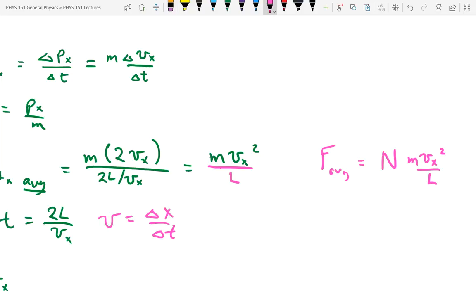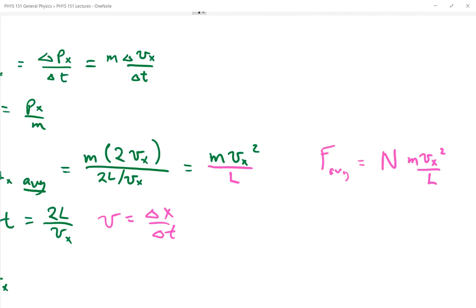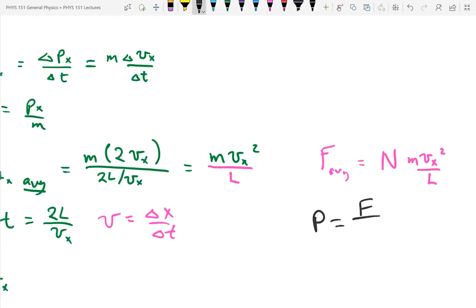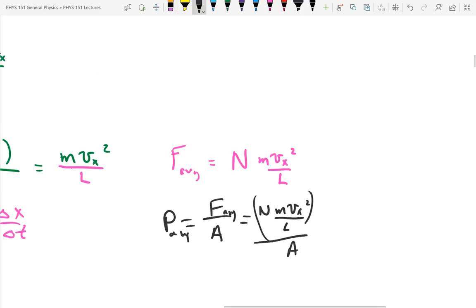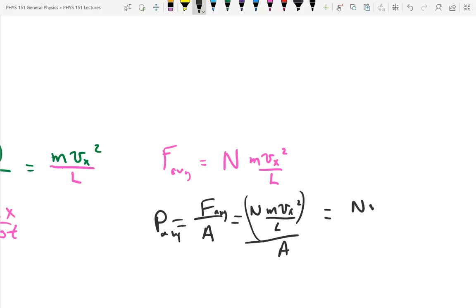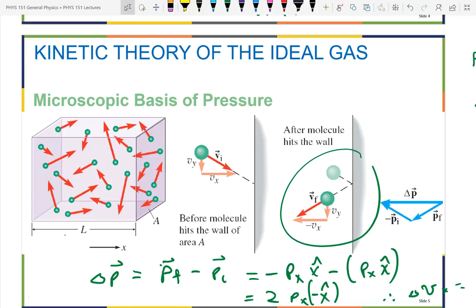How does that relate to pressure? Well, pressure is a simple function. Pressure is equal to force over area. So the average pressure, there's my force, divide the whole thing by A. Well, that's simply A times L. That is the area of this surface here multiplied by the length.